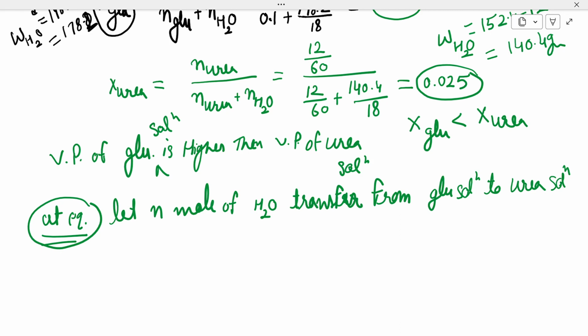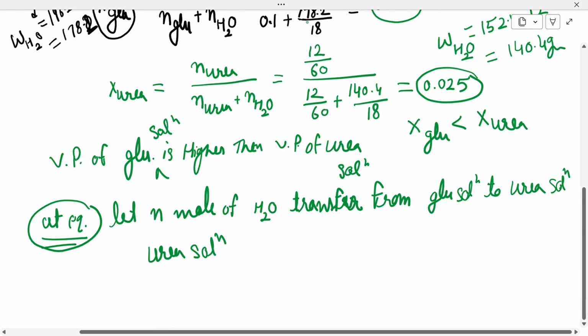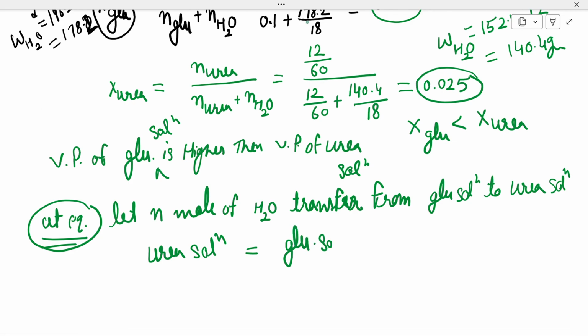So at equilibrium, the mole fraction of urea in urea solution will be equal to the mole fraction of glucose in glucose solution.